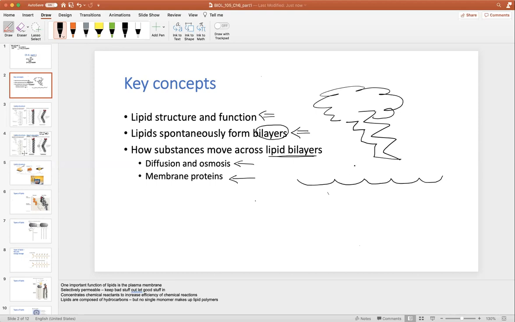Today, we're going to learn that lipids can spontaneously form bubbles, so to speak, these lipid membranes that are made of 2 layers of lipids. So think of this as being inside some water. Now we have a bubble that's made up of oil. That's probably the easiest way to think of it. So you have water out here, and you have water in here. And this is your membrane.